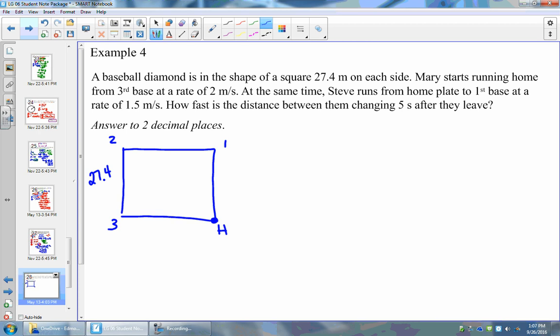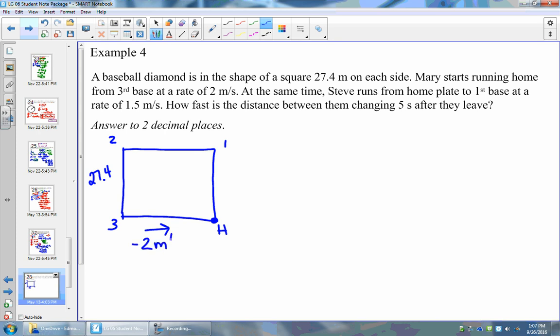It's saying Mary starts running home from third base. So Mary is running this way, at a rate of 2 meters per second. Now I want you guys to think, is that going to be positive or negative? If she's running from third base home, is that distance getting bigger or smaller? It's getting smaller.